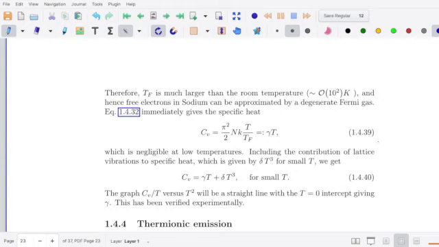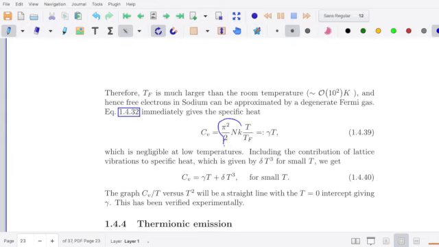And there we have already seen that specific heat is proportional to temperature. It's linear in temperature up to lowest order. So for low temperatures, Cv is proportional to T, and the explicit expression is given by this. Cv is equal to this up to lowest order.